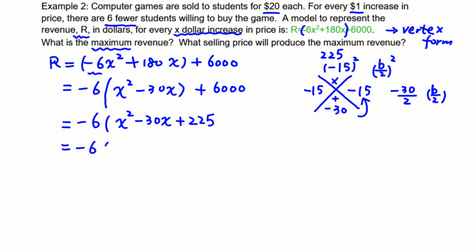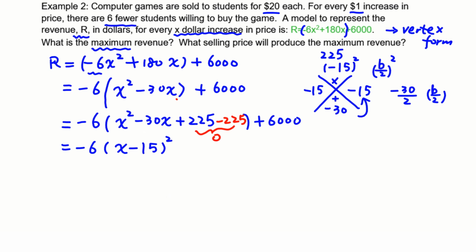Then you will have a perfect square, (x - 15) bracket squared. Then inside the bracket, we don't have a constant, so we are going to minus 225. So inside the bracket, no constant, so this one is 0. Then we copy the constant 6,000 outside of the bracket.